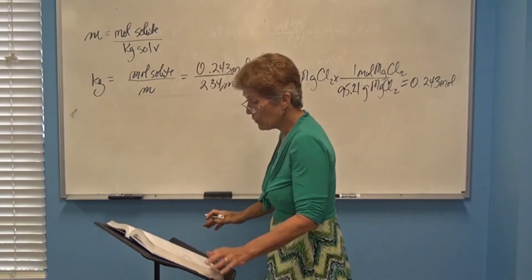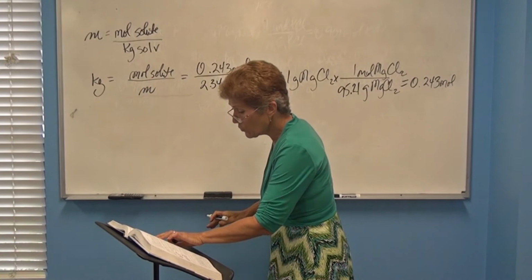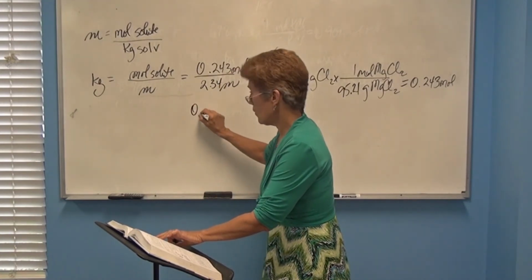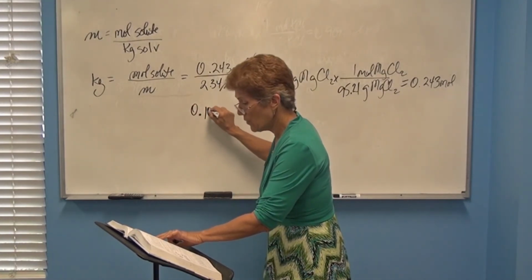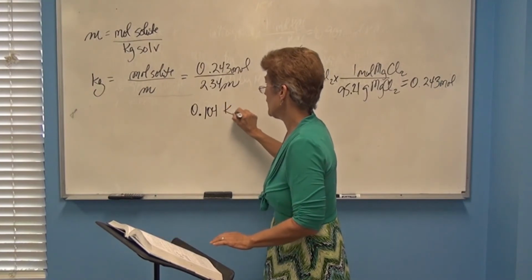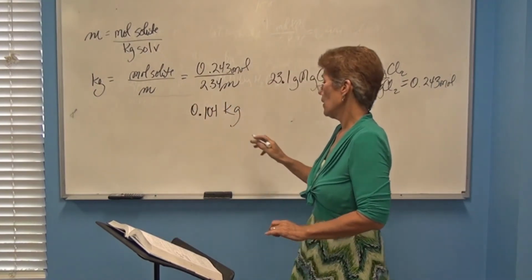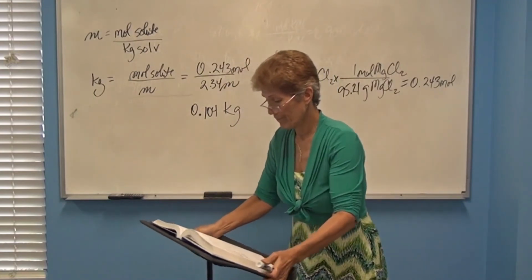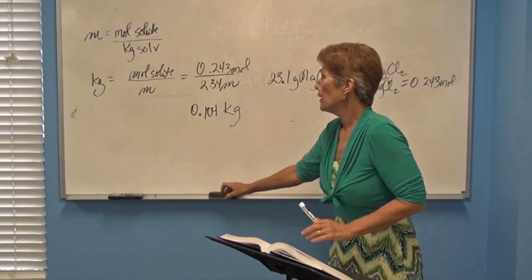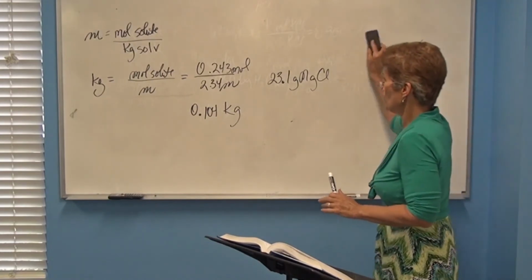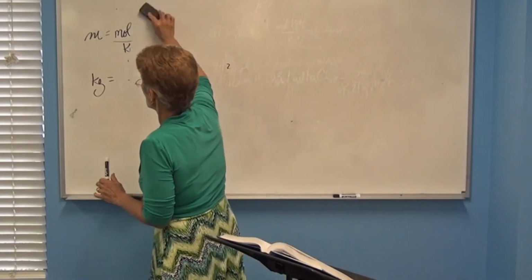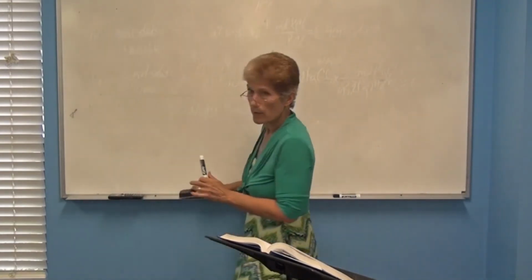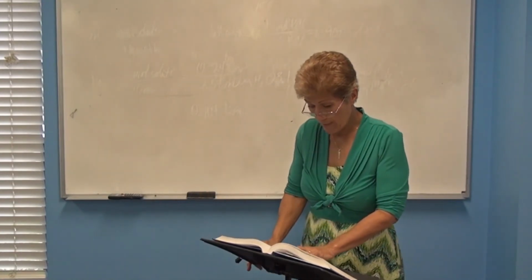And when you do that, that is going to give us 0.104 kilograms of water. Three significant figures. You have to know what molality is and then just work your way through it. And it's just algebra at that point, isn't it?